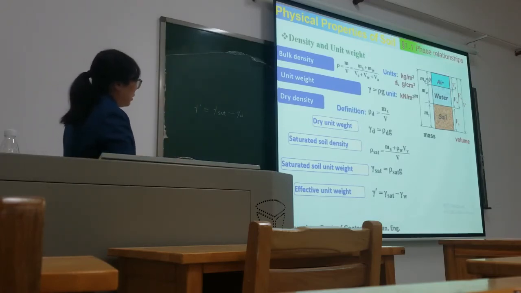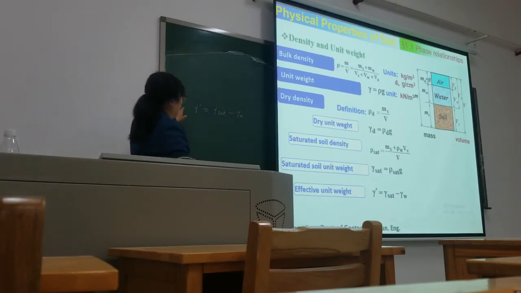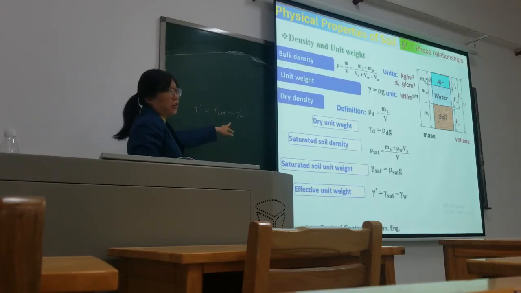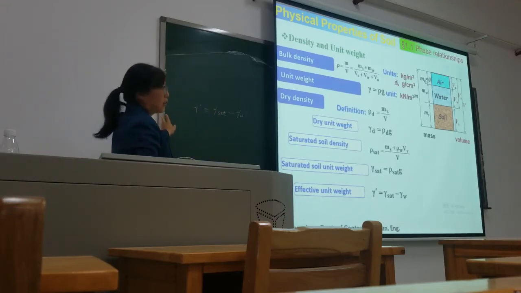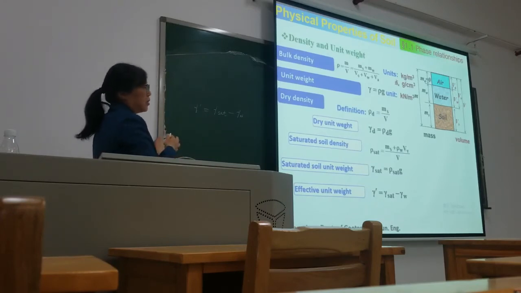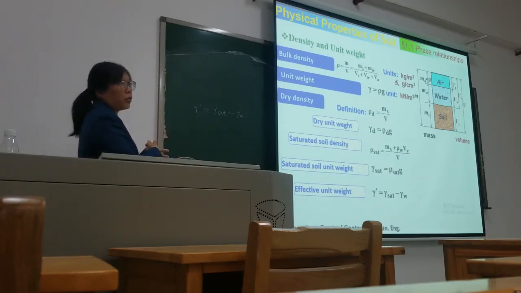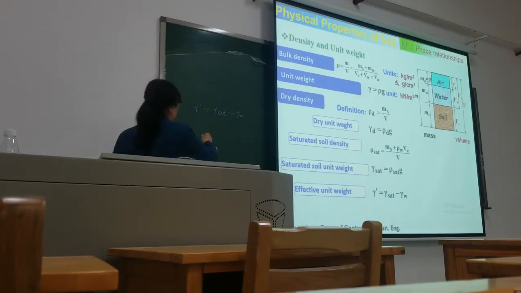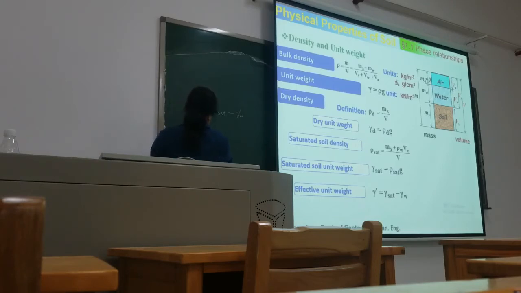Okay? How to derive this equation? Now, here, effective unit weight considers the buoyant force of the water. Okay? So we can write the equation.